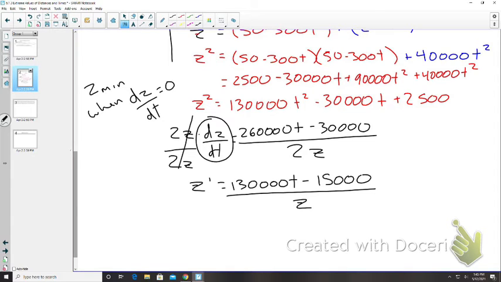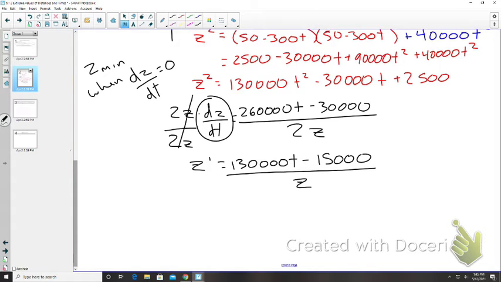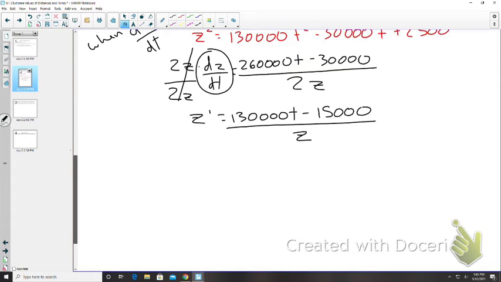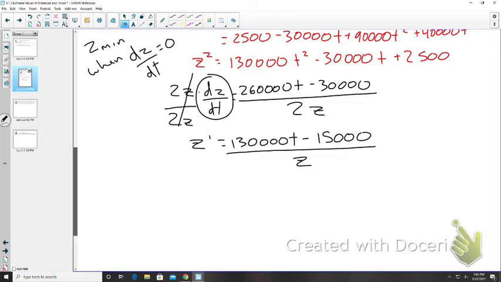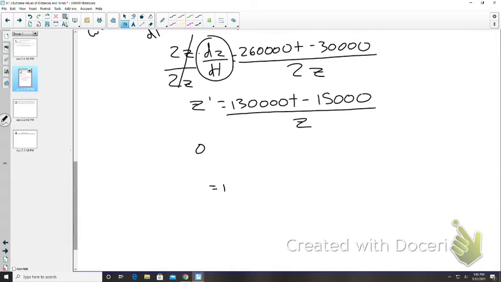Okay, now let's solve for when our z prime is equal to 0. So 0 is equal to 130,000 t minus 15,000 divided by z.